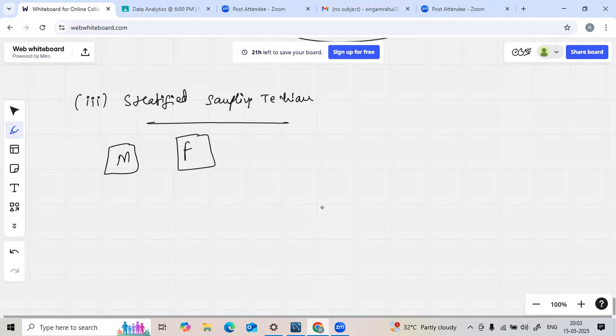What I mean to say is, whenever you are working with the stratified sampling technique, what usually happens is you are going to divide, you are going to separate. So for example, if you are working with a data population and you want to divide it, male as one sample, female as one sample.